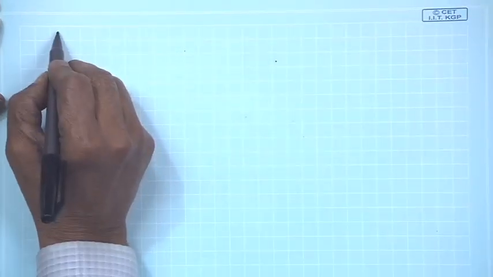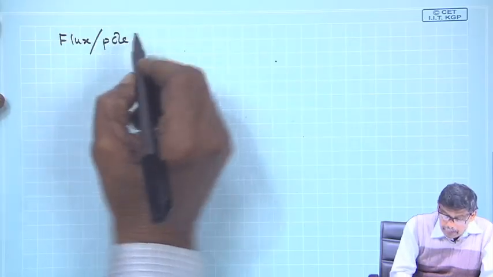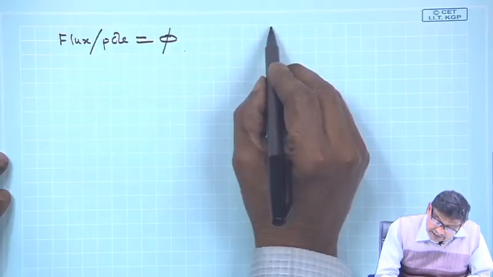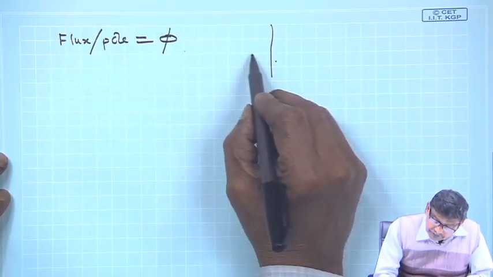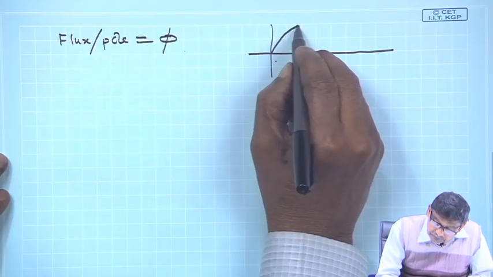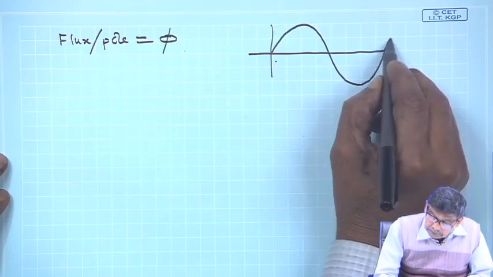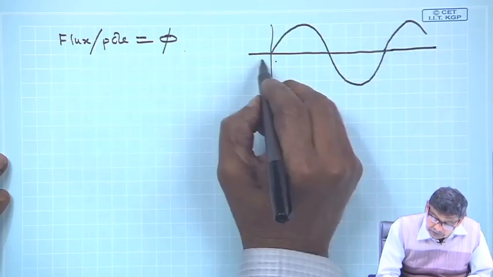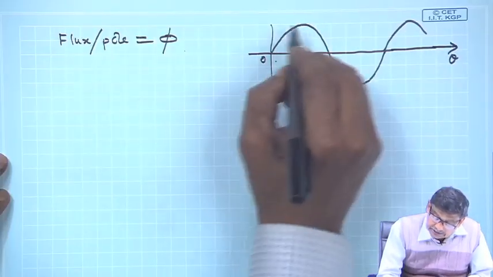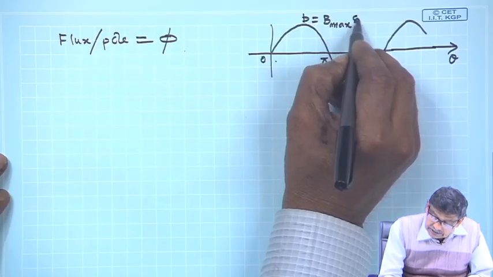Now, what is flux per pole? Flux per pole is denoted by this phi, and as it indicates, flux is flux density into area. So, this is 0, this is pi, this is your electrical angle theta, and B is equal to B max sin theta.